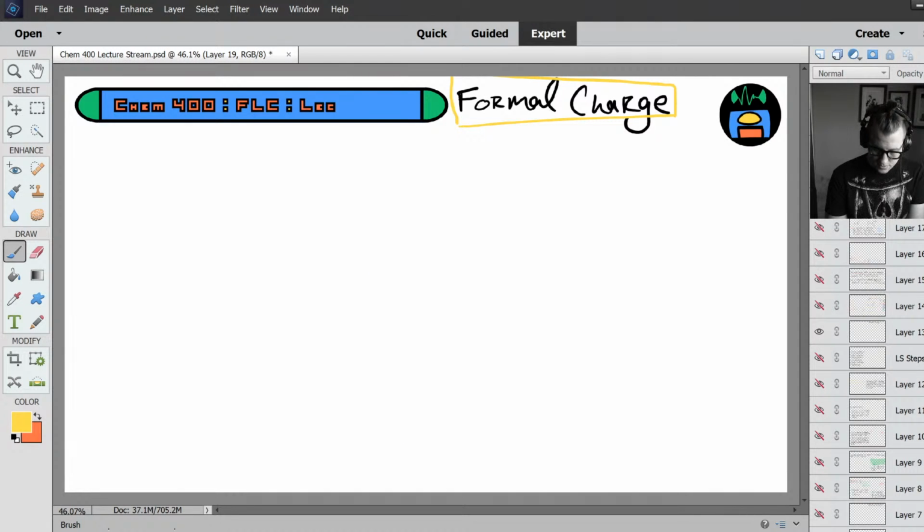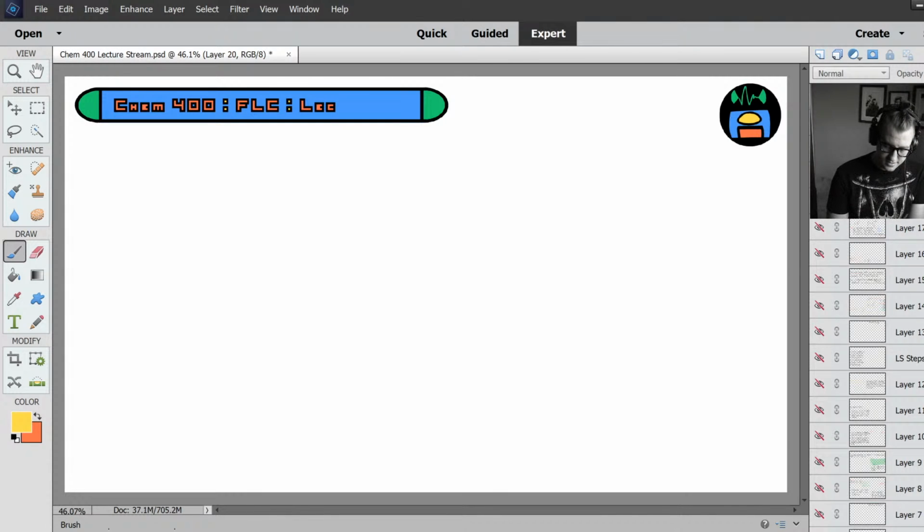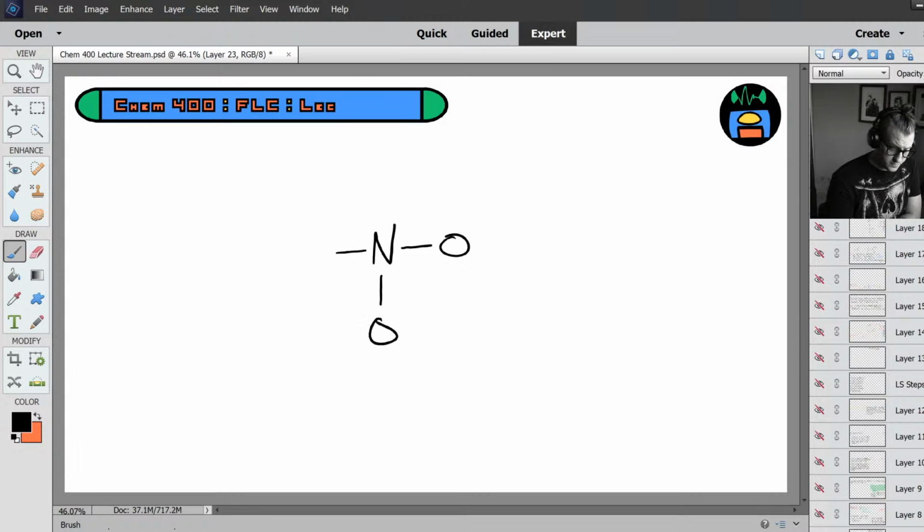All right, now I'm going to pause for a minute and explore something with you. I want to go back to that moment when we were drawing the Lewis structure for nitrate, and we had spent all our electrons.